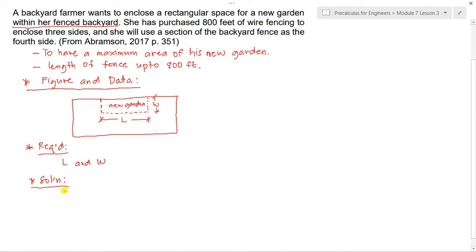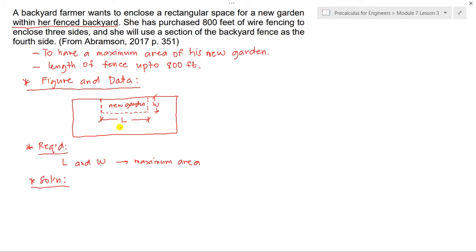How are we going to find the length and the width of this new garden in order to have a maximum area? For the 800 feet perimeter for the three sides, there are a lot of combinations for our length and width, but we must choose the perfect combination that would produce a maximum area for his new garden.